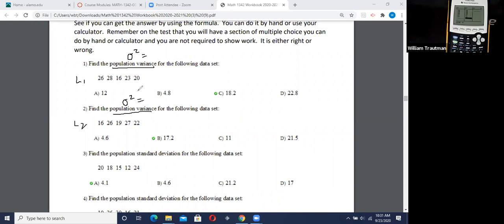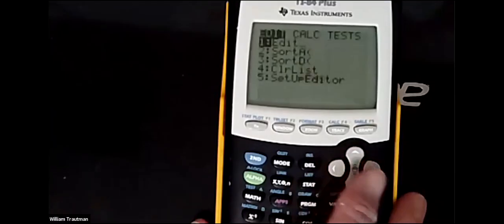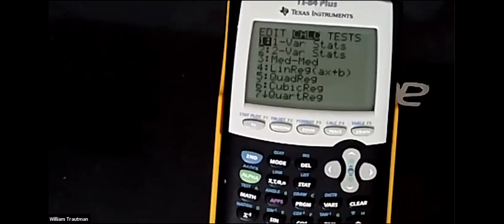So I'm going to do L1 first. Actually, I'm going to do L2 first because I already have L2 in my calculator, I believe. So I'm going to do number 2 first. Stat, calculate, 1-Var Stats.